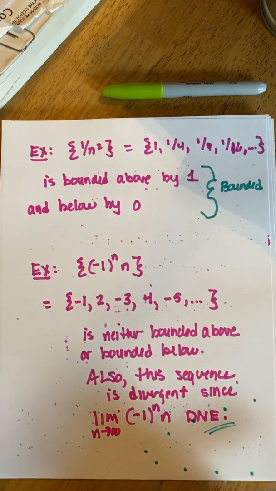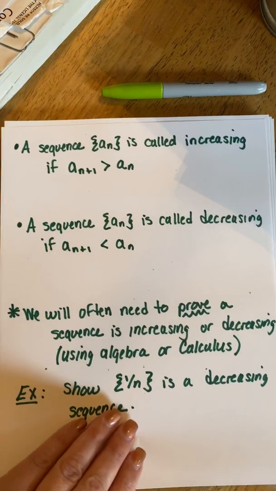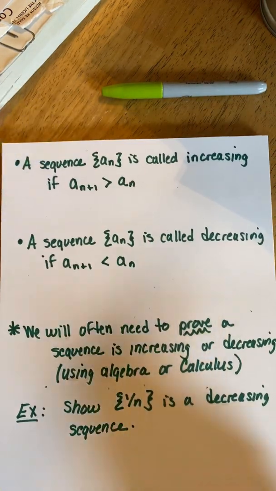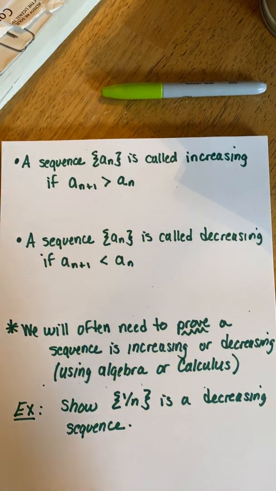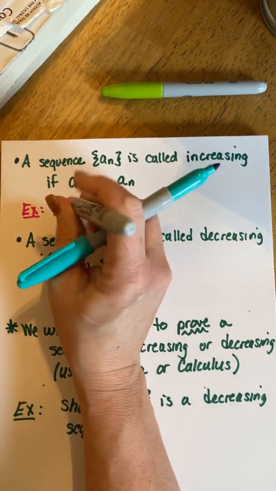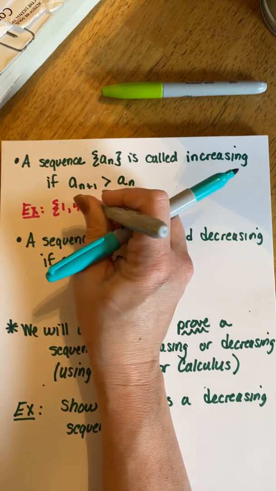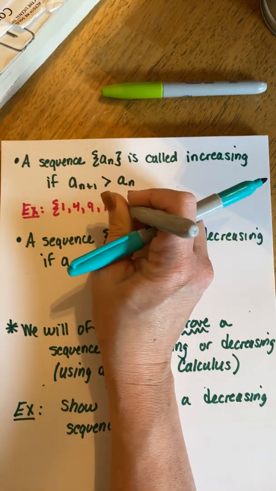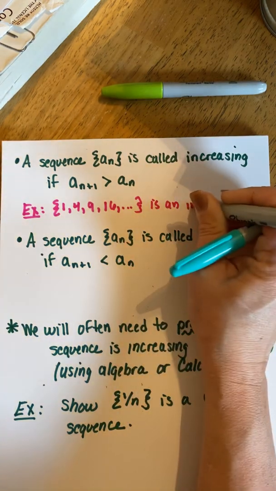All right, a couple more definitions. Then we'll work on a couple of examples. A sequence is called increasing if each next term is larger than the previous term. So for example, 1, 4, 9, 16 is an increasing sequence.